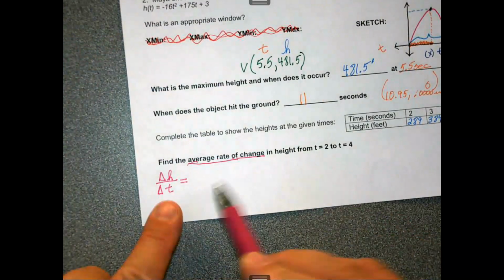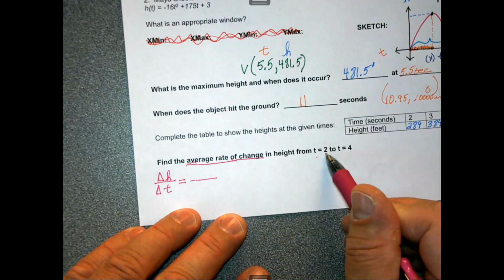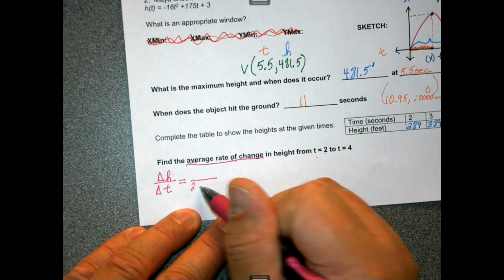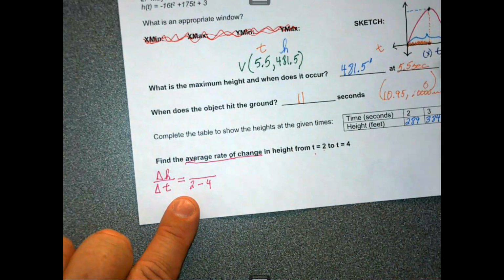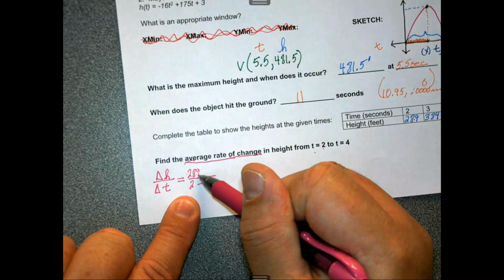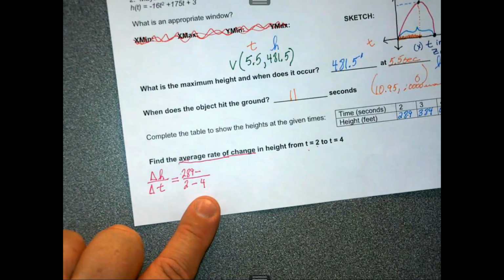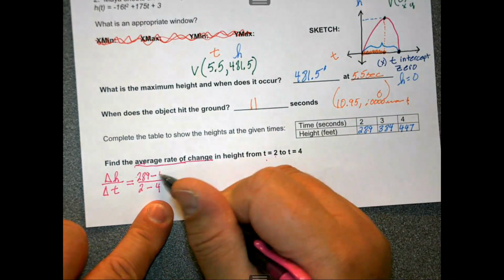They tell us t here. Let's put the t's in: 2 to 4, so 2 minus 4. Now the h for 2 was 289 minus the h for 4 was 487.